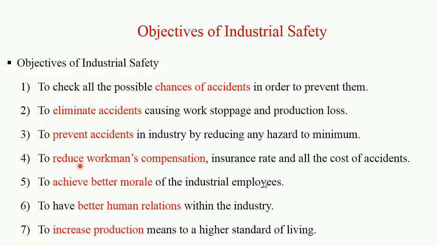Number four, to reduce workman compensation, insurance rates, and all the costs of accidents. Number five, to achieve better morale of the industrial employees. Number six, to have better human relations in the industries. And the last, to increase production, which leads to a higher standard of living. So these are all the objectives of industrial safety.